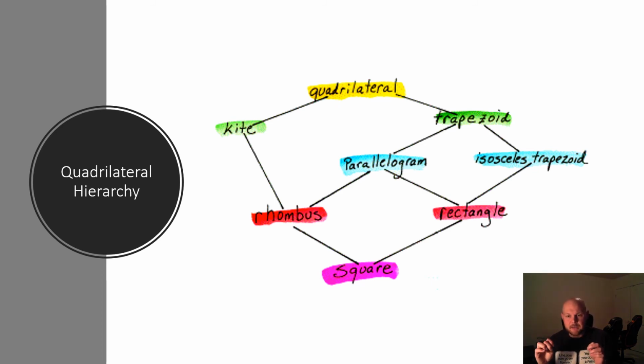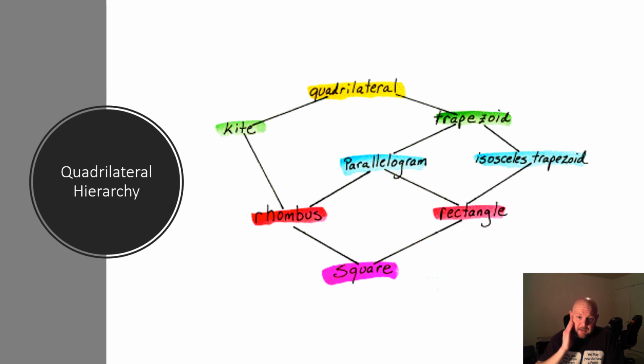When I bring a kite and a parallelogram together, it's a rhombus. When I bring a parallelogram and an isosceles trapezoid together, it's a rectangle. Then when I bring that rhombus and rectangle together, so four congruent sides and four congruent angles, it comes together to make a square.